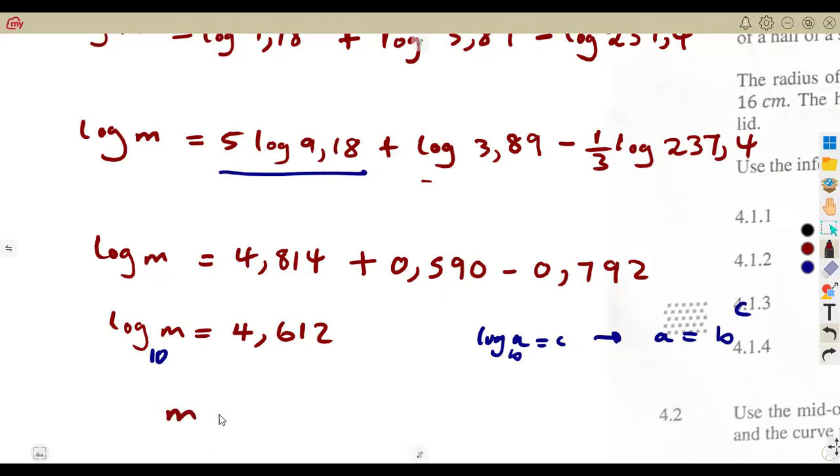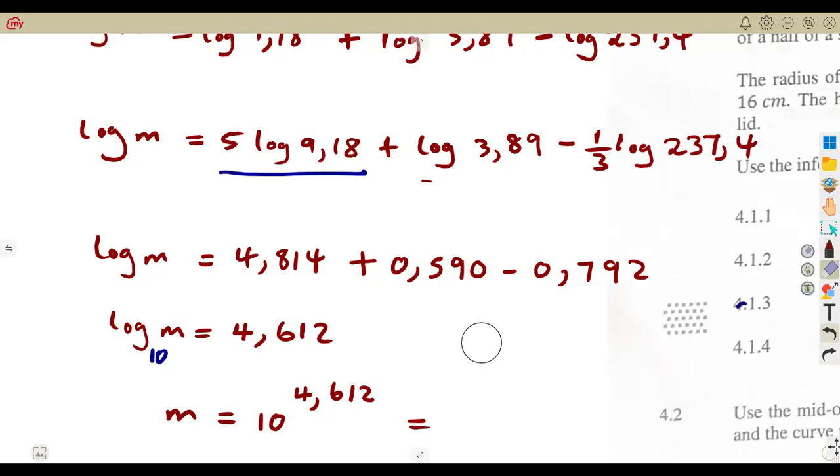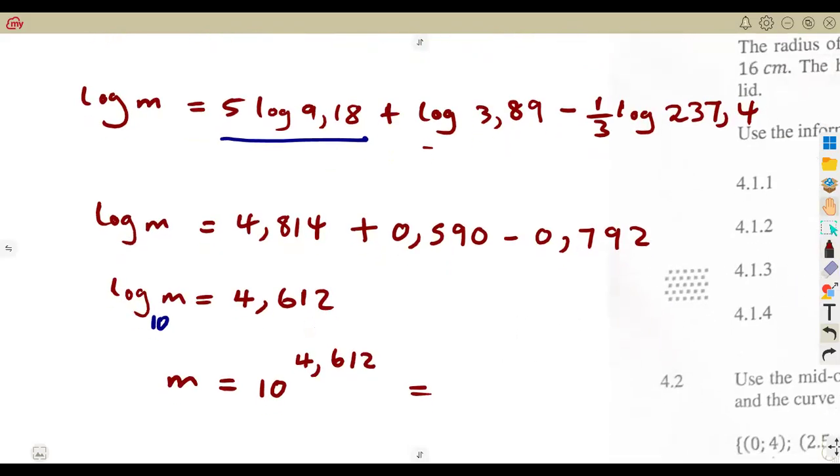So M is equal to the base B to the exponent of C. So that's 10 to the exponent of 4,612, which you can simply use your calculator to simplify. On your calculator, that was going to give you 40,926.066 to 3 decimal places.